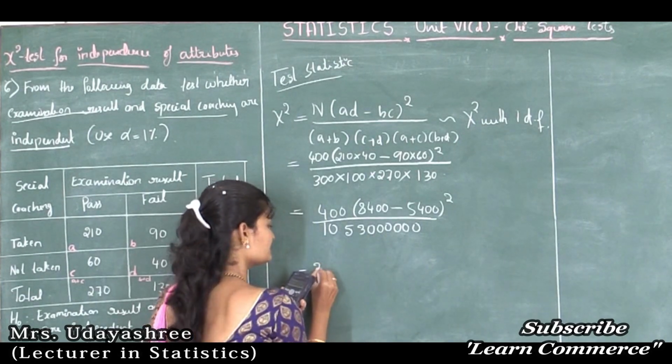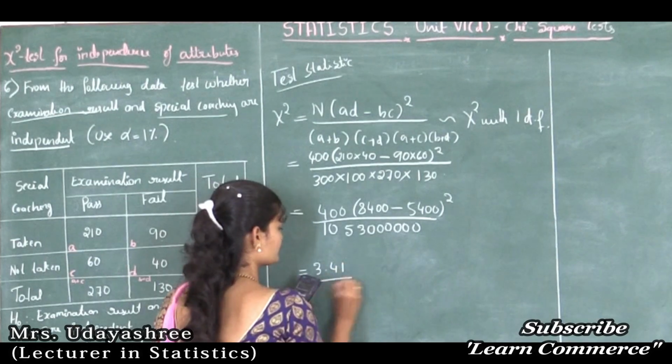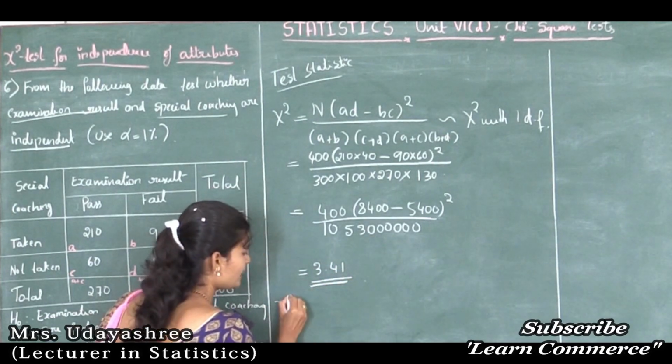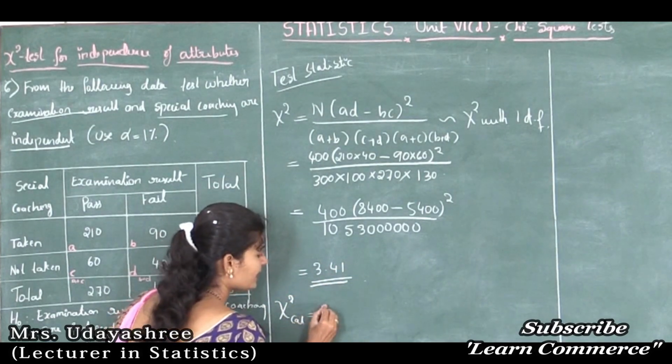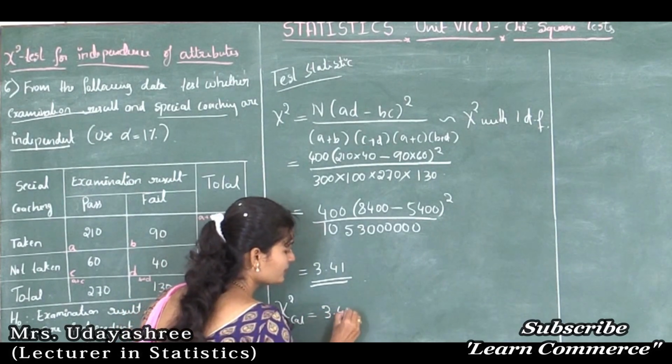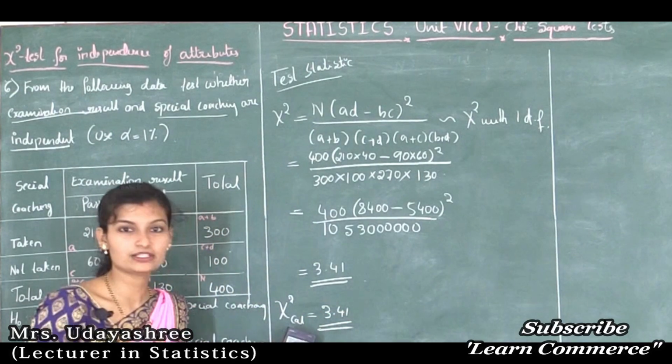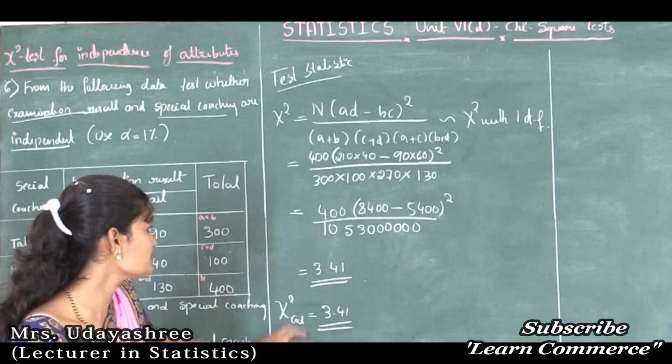That answer is 3.41. So the calculated chi-square value is 3.41. This is step 3.